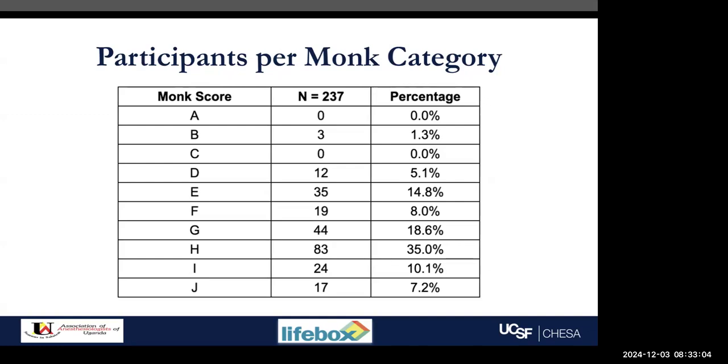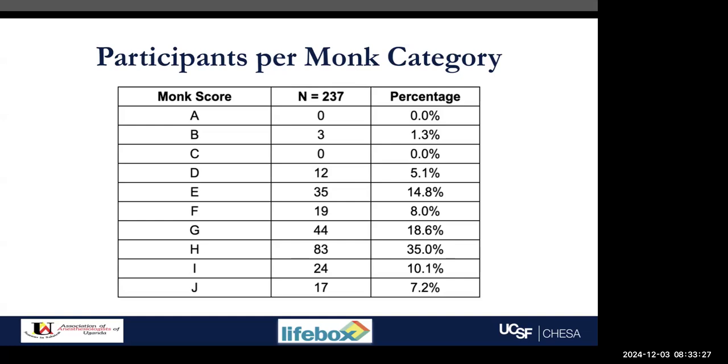So these are the number of participants per Monk category. We notice that we don't have any in category A for the Monk score. Also none from category C. These are all measurements from the forehead, just for clarity.